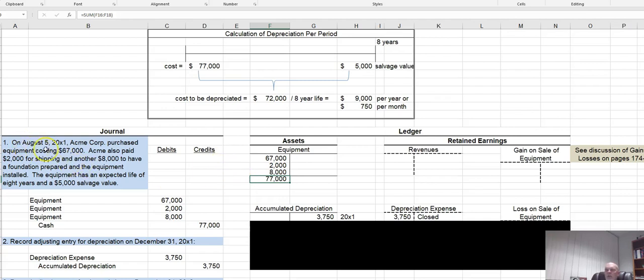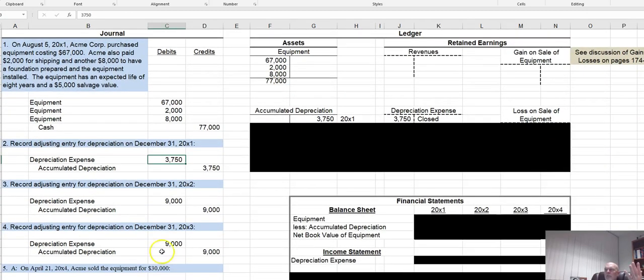Now, we did this on August the 5th, so anytime you buy something part of the way through a year, just round off to the nearest month. And so we're going to depreciate this for August, September, October, November, and December. That's 5 months. That would be 5 times $750 a month. That would be $3,750. And so let me move this up.